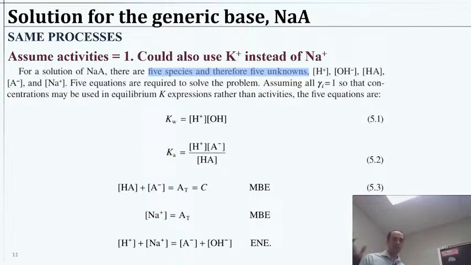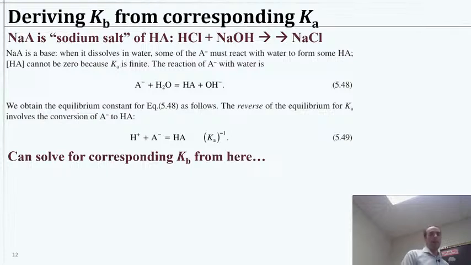Okay, so just like last time, we have all of these pieces, and we can go on and essentially derive our answer. Now, on the way, let's take a quick detour to say we can derive a Kb, which corresponds to Ka, and it's kind of the inverse. I think I mentioned this earlier, but we didn't go into it. So when we have A- in solution, we could think about it as HCl would be HA, and NaCl would be NaA.